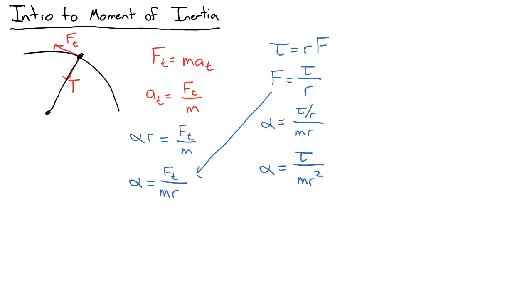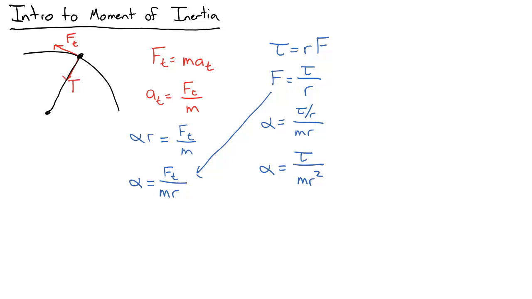So what that means is that there is a relationship here between the torque and the angular acceleration, but it's not just a simple F equals ma equation. It's the torque divided by m times r squared that equals that angular acceleration.